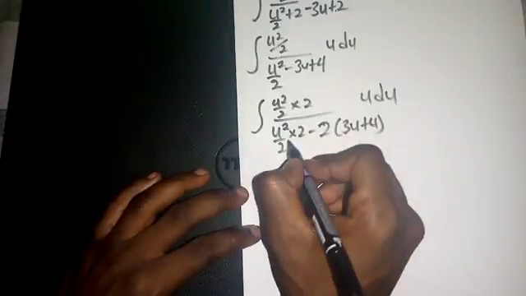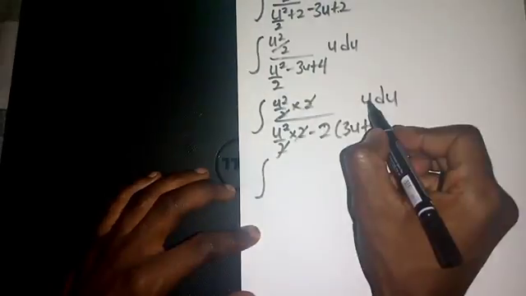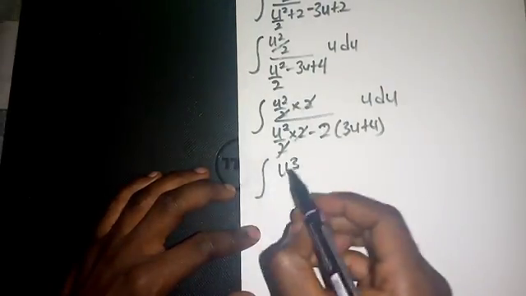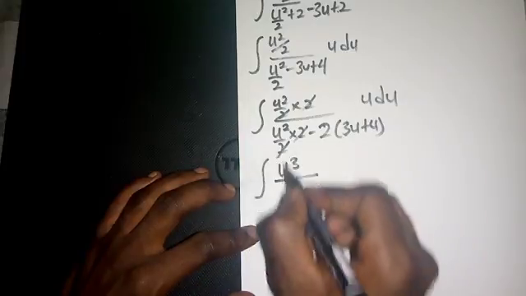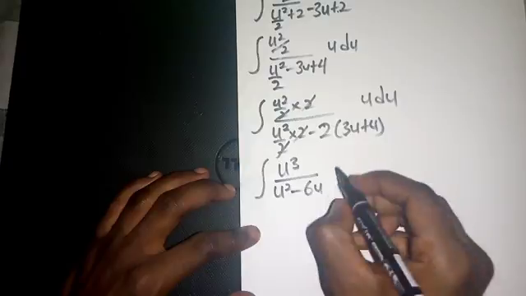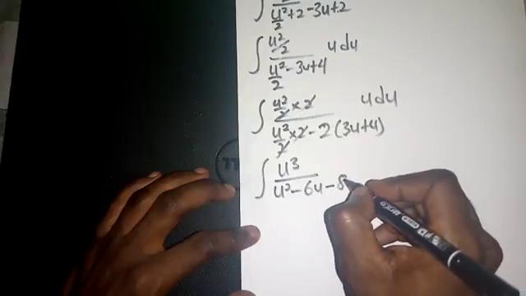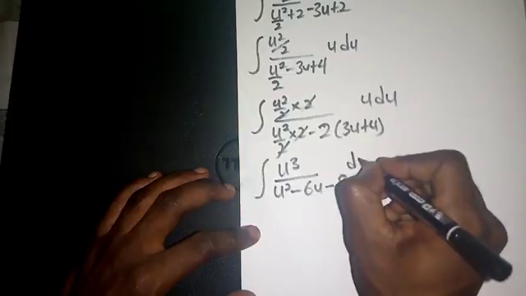So this cancels that. Then we are left with u squared multiplied by u, which is u cubed, divided by u squared minus 6u minus 8, then du.